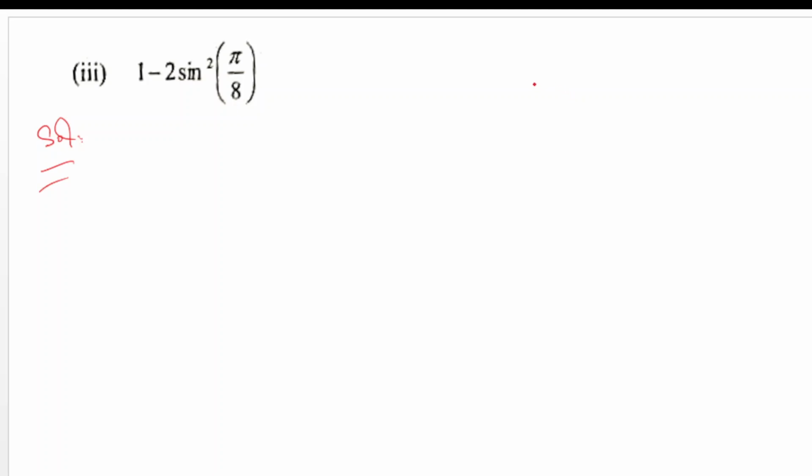So let me write the formula of this. Cos 2 theta or cos 2 alpha will be equal to 1 minus 2 sine square alpha.